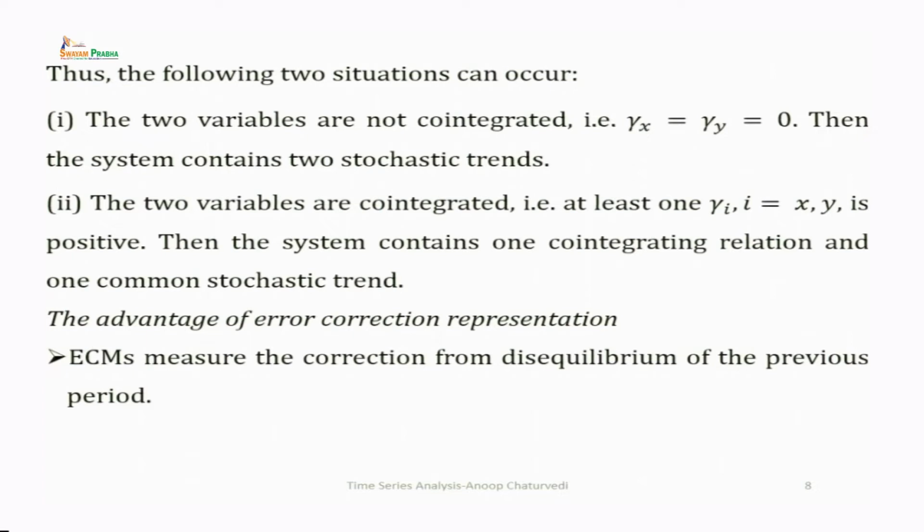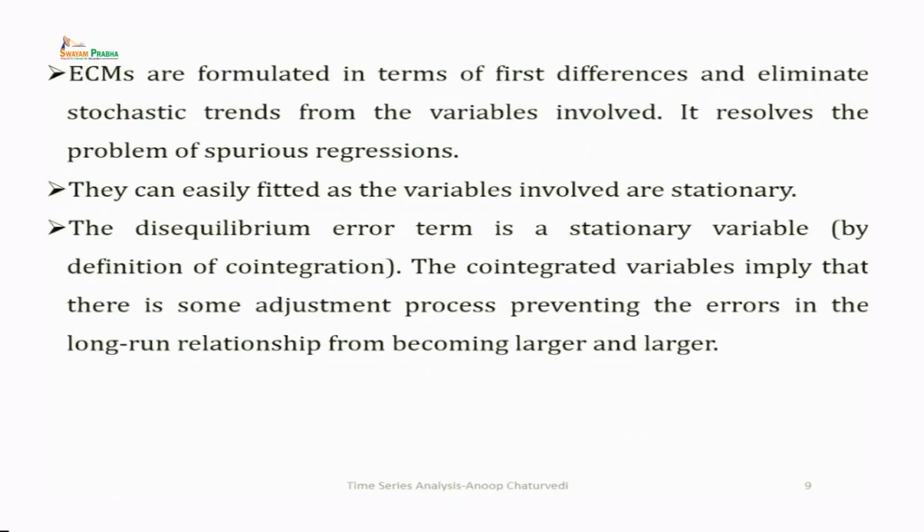Again, the advantages of error correction representation are: error correction models measure the correction from disequilibrium of the previous period. Then the error correction models are formulated in terms of the first differences, and these models eliminate stochastic trends from the variables involved.